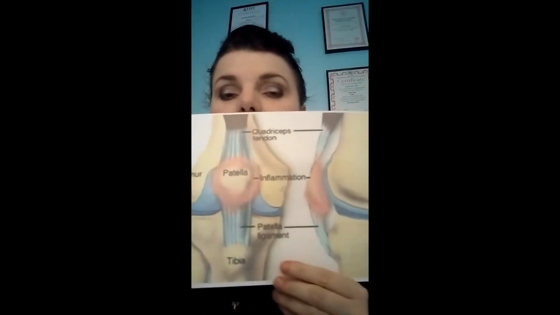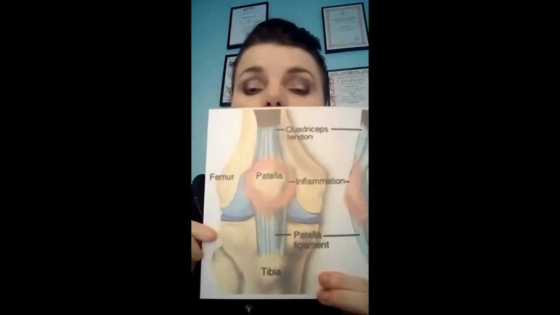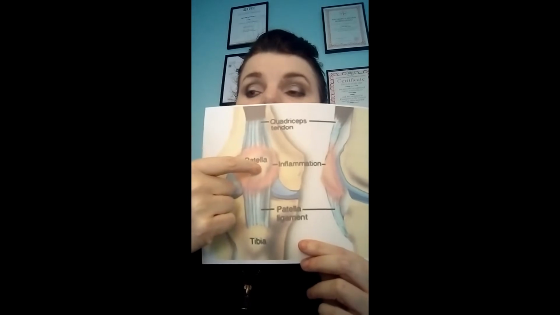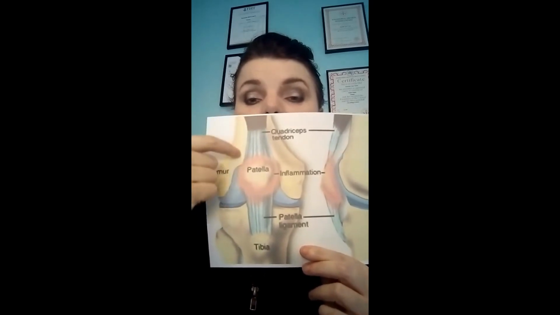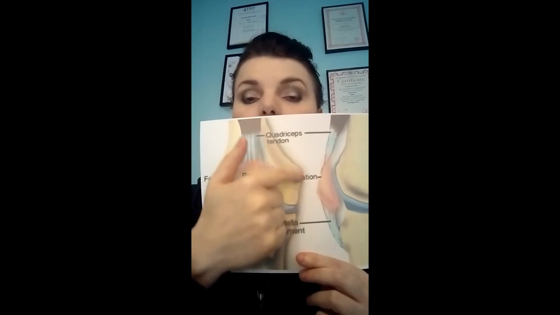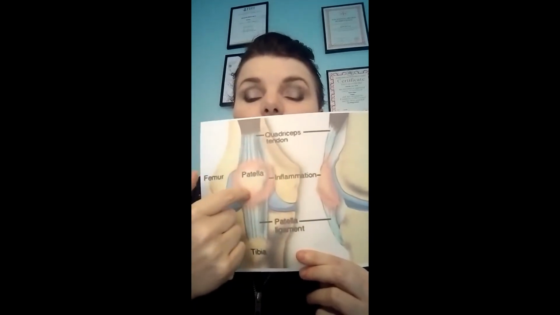So if I give you a picture, because we like pictures. This is looking at your knee head on. The kneecap, or the patella, sits in a groove at the front of the femur, which is the thigh bone. This is the head of the thigh bone coming round here, and there's a groove in the middle on the bottom of this bone.